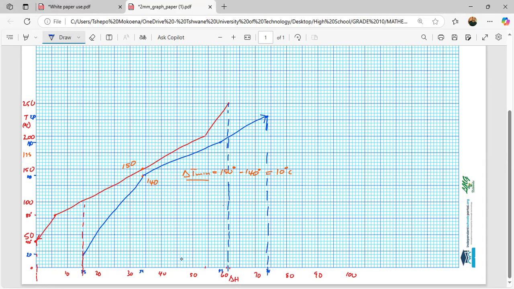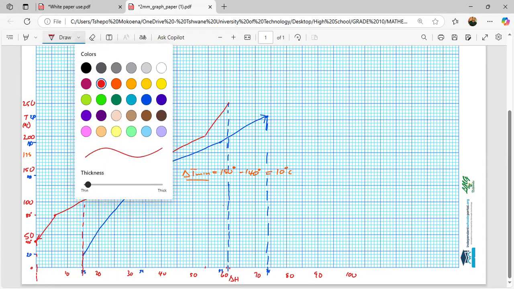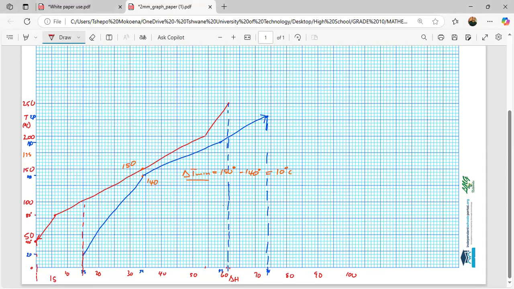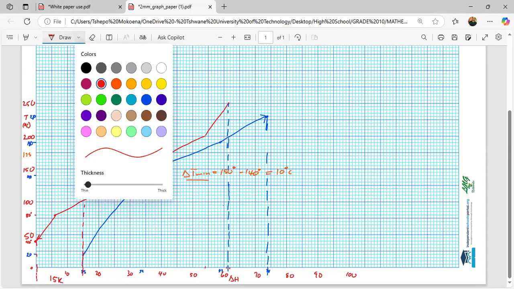So now, what is the enthalpy difference this side? So here, it's going to be 15 kilowatt, right? And on this side, what is the enthalpy?